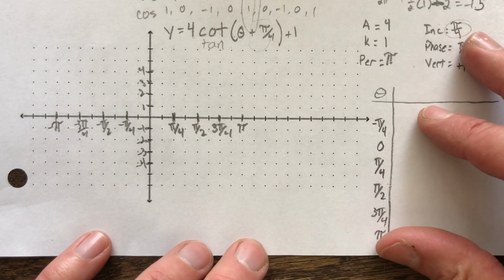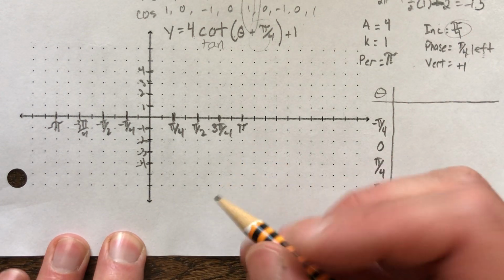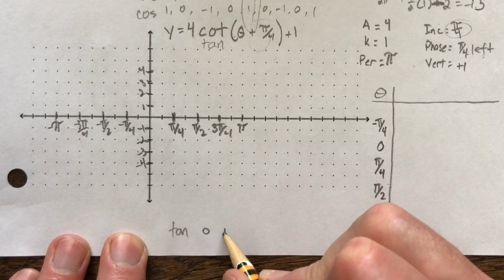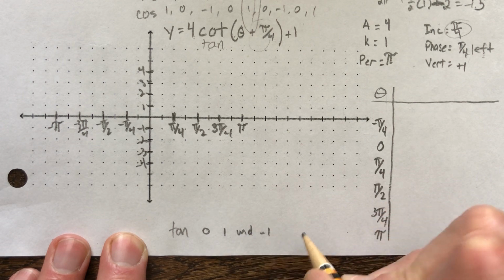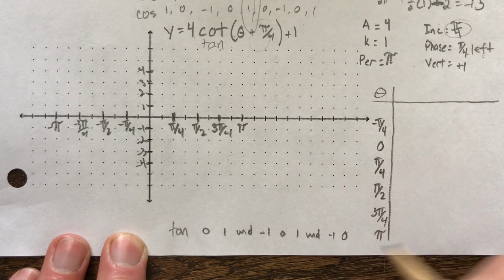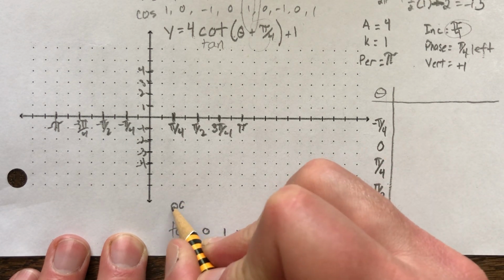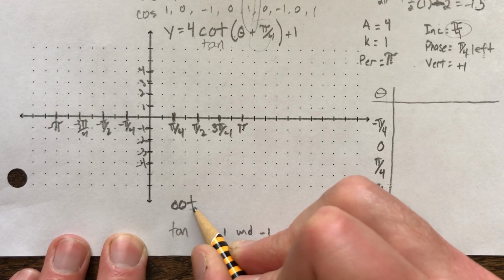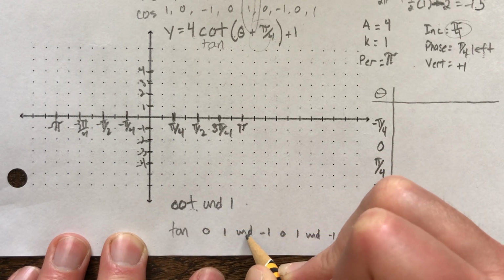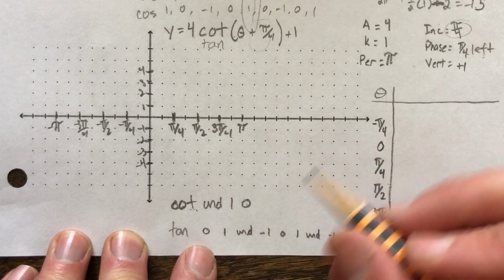Okay. All right. Now we're doing tangent or cotangent, right? So we're going to look at the tangent pattern, which is that. Okay, but again, that's not the one we want. We want the cotangent pattern, which is undefined, then 1. Then remember, the reciprocal of undefined is 0.